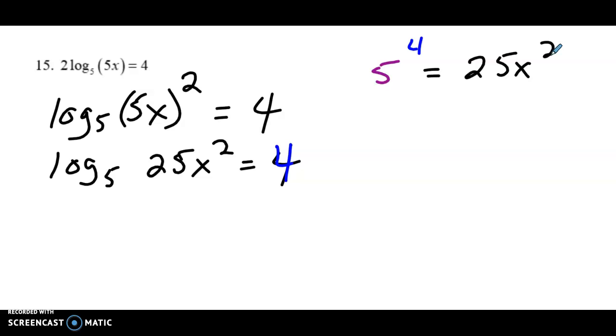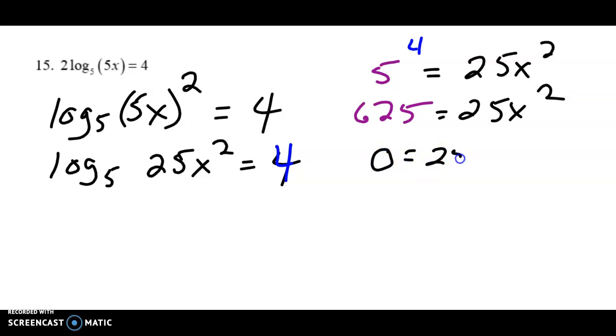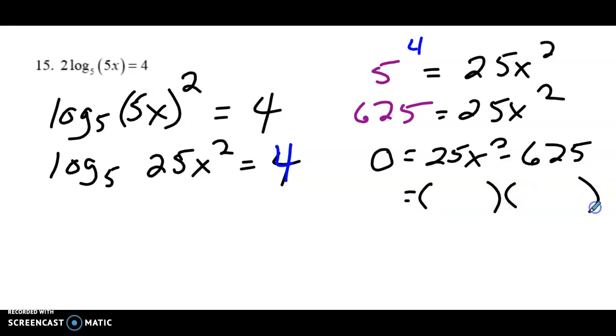All right, simplifying this out. 5 to the fourth power is 625. 25x squared. Do this a couple different ways. I'm going to go ahead and rewrite this as a difference of two squares. It's going to be 0 is equal to 25x squared minus 625. So factor. And what we end up with is 5x plus 25 and 5x minus 25 equals 0.